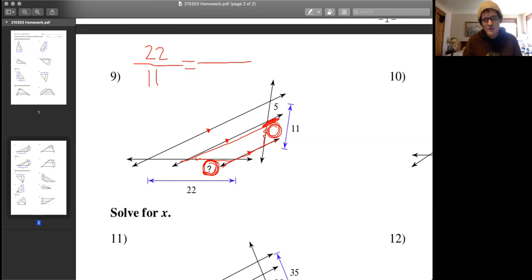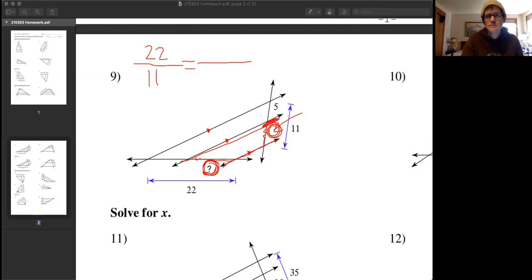Are there any thoughts on what we can do to solve for that? No one has any thoughts?